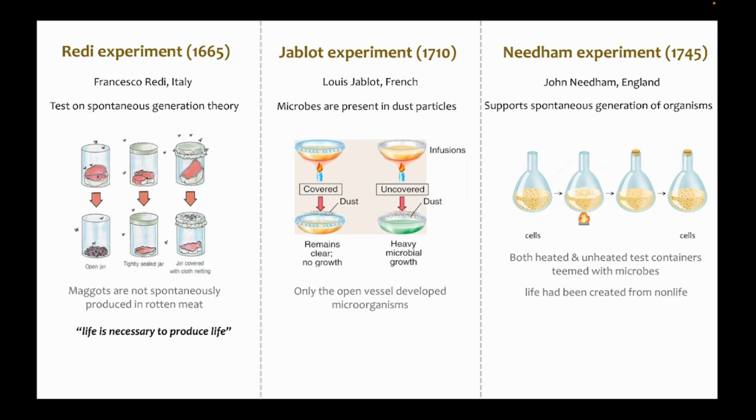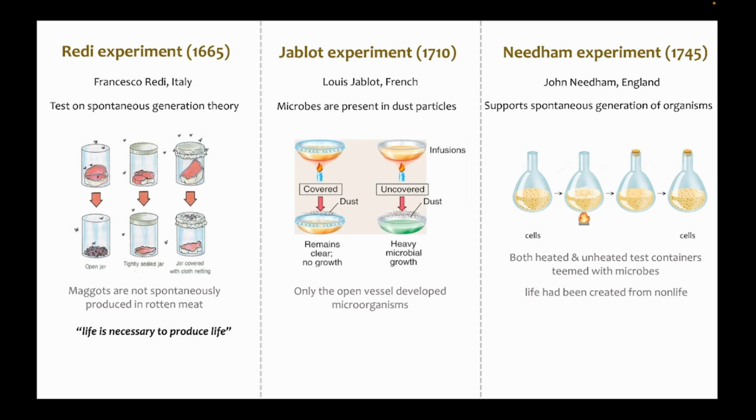So, among the important experiments that disputed spontaneous generation, first is by Francesco Redi from Italy. He carried out this simple experiment. He placed meat. One is not covered, one is covered, and the other with a gauze or cloth netting.